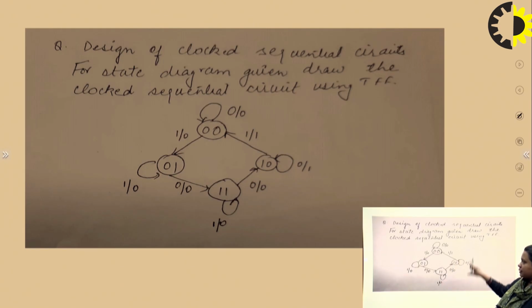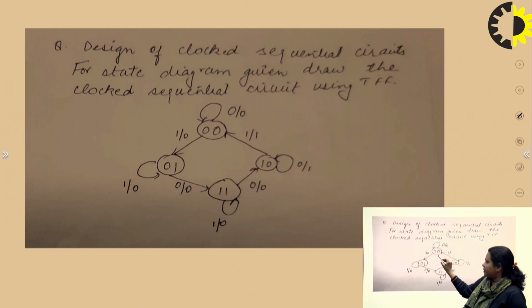So in this state diagram, let me first explain how to read it. These 0 0, 0 1, 1 1, 1 0 are the possible combinations, though here we call them states.